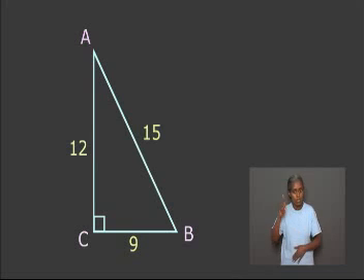Please copy down this right-angled triangle in your notebook. Find the sine of A, the tangent of A, the secant of A, the cosecant of B, the cotangent of B, and the cosine of B.